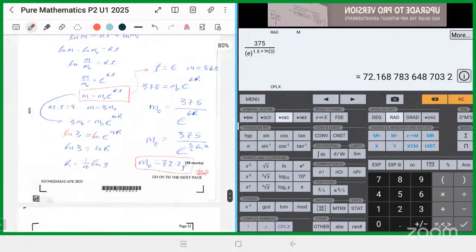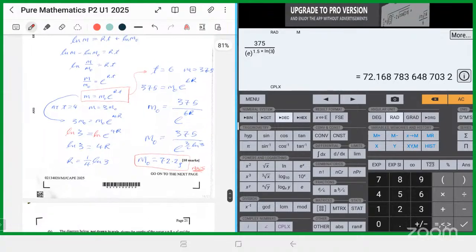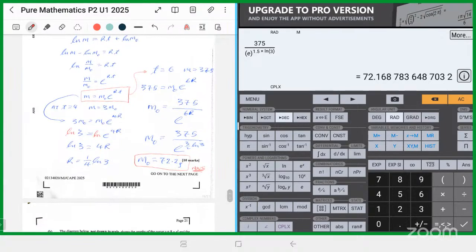All right, now we can test it, right? The mass was tripled after 4 hours. So we triple this, times 3, and we should get about 216.